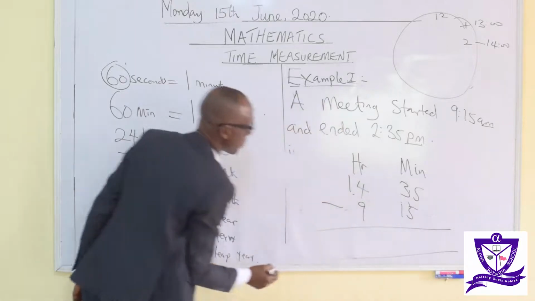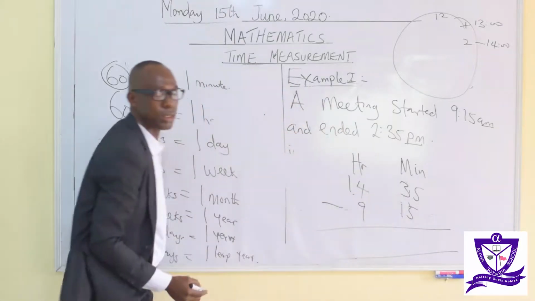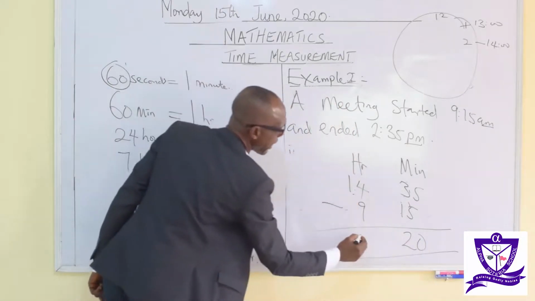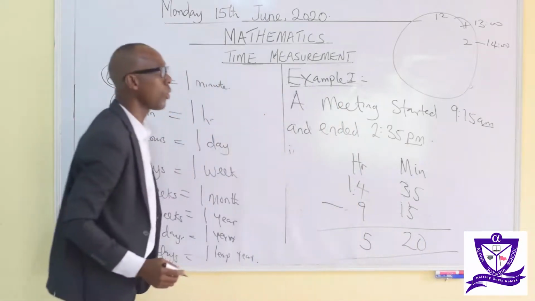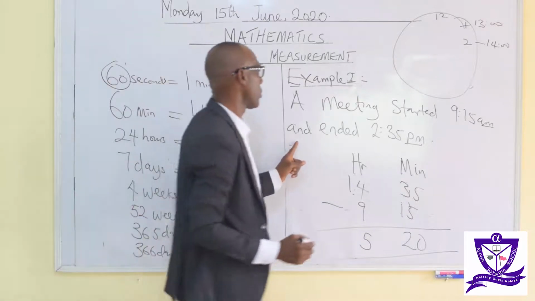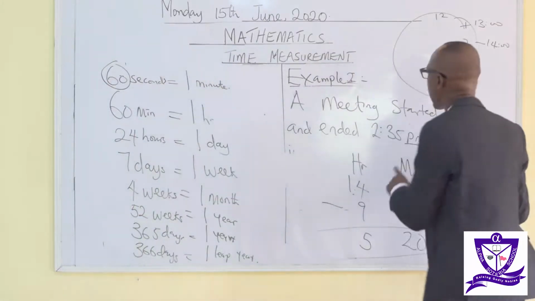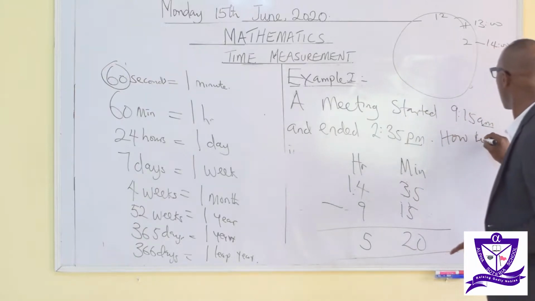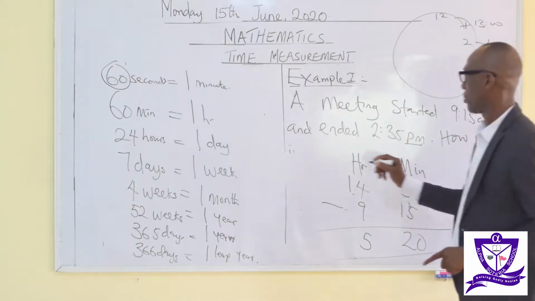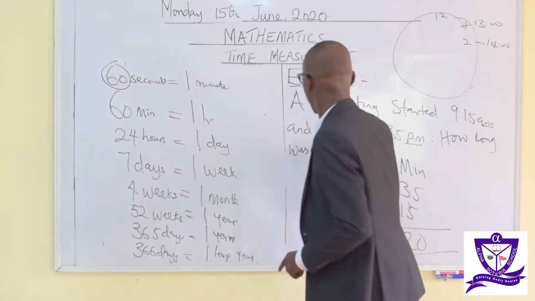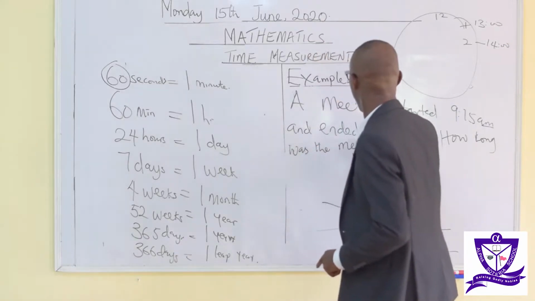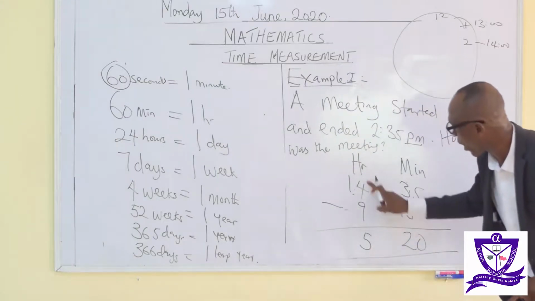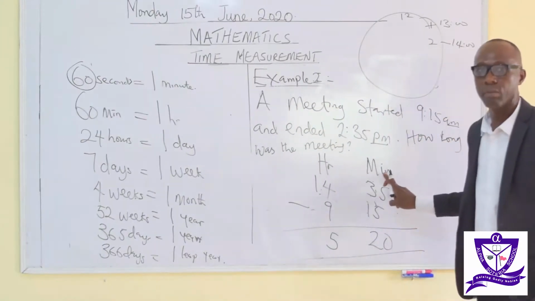So let's take away. 35 take away 15, we have 20. 14 take away 9, we have 5. So a meeting started 9:15 and ended 2:35 p.m. How long was the meeting? It means 5 hours, 20 minutes.